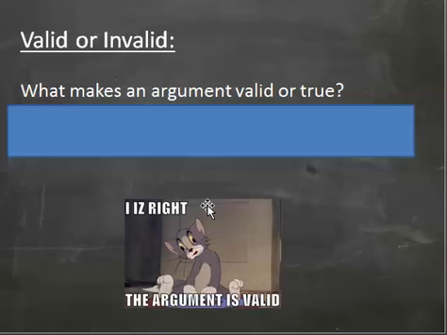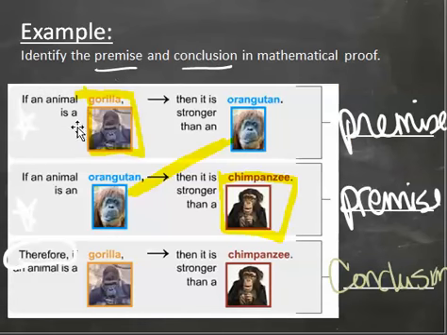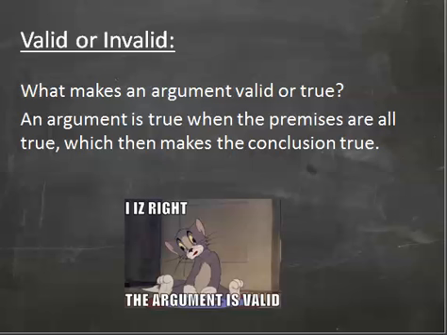Valid or invalid. It says what makes an argument valid or true? An argument is true when the premises are all true, which then makes the conclusion true. So looking at this, if the first statement is true and the second statement is true and then the conclusion is true, the whole statement itself is true because everything's true on it.